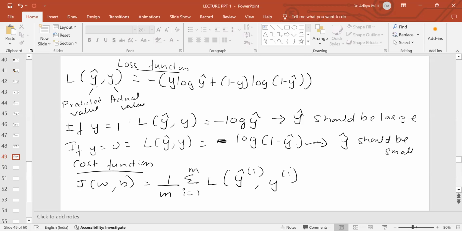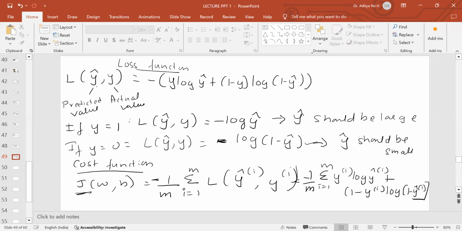This is the cost function J applied to w and b, which is equivalent to minus 1 by m summation i equal to 1 to m of y i log y hat i plus (1 minus y i) log (1 minus y hat i).